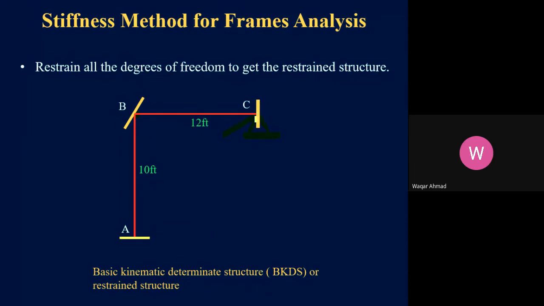In the case of a fixed support, there is no rotation possible. So now I have changed the conditions at these points B and C such that there is no rotation possible at these points. Now this becomes my restrained structure. I can also call this a kinematically determinate structure because now the degree of kinematic indeterminacy is 0, as no rotation is possible.